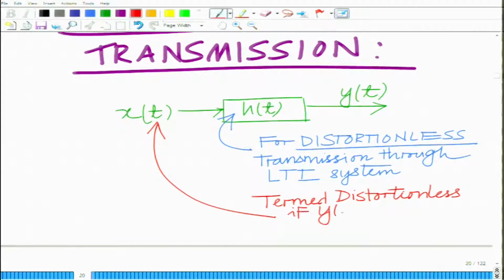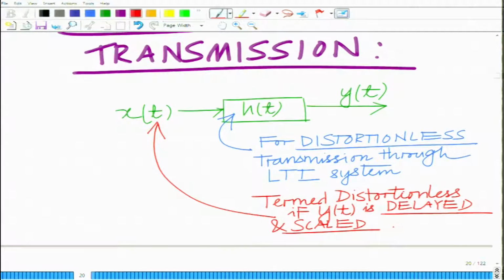if y(t) is a delayed and scaled, that is amplified or attenuated, version of x(t).